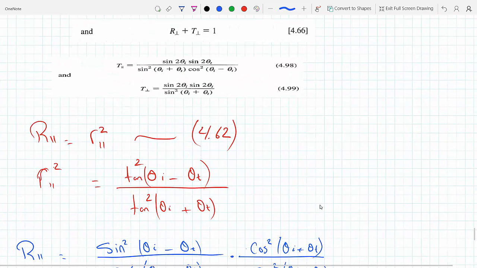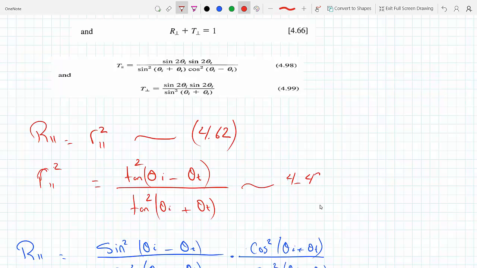And I also know from equation 443, this red one here is 443, that R is tan, but it's squared, so I squared it. So this is 443.